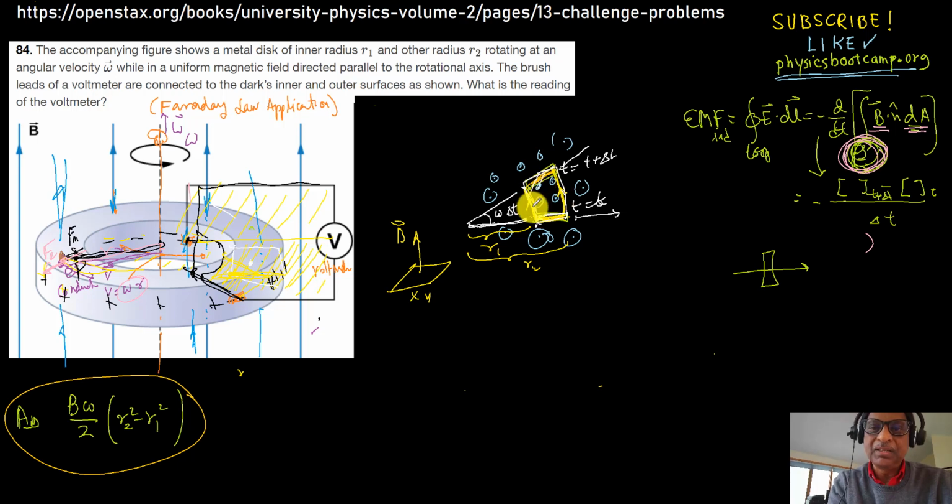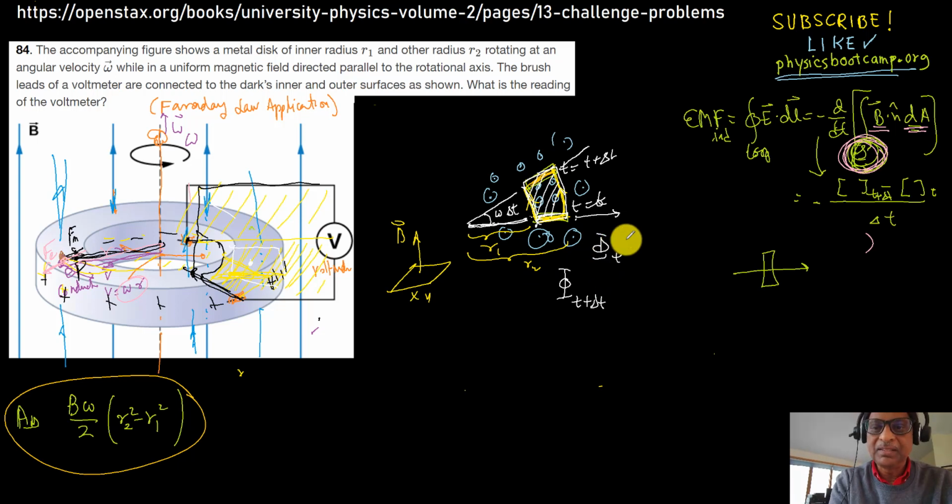So we need flux through this, which will be relevant for the right side. B is perpendicular to this, that means n hat is parallel to this, and B is constant. So this just becomes flux at t plus delta t.